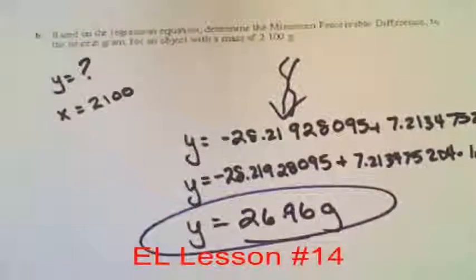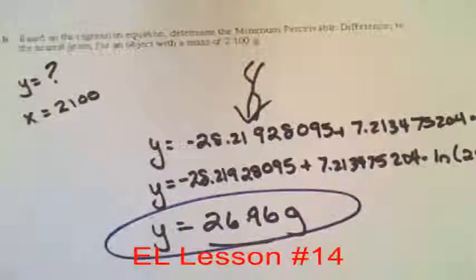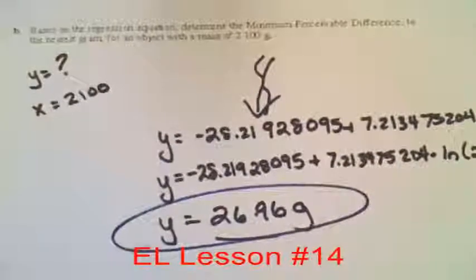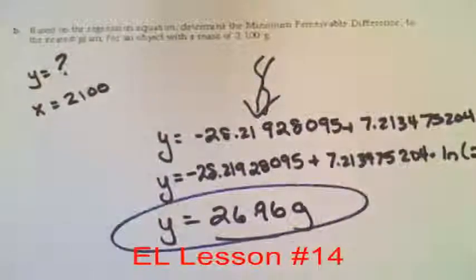So times the natural log of 2100. If you use just log, it doesn't work. When you do that, the minimum perceivable difference is 26.96, so y is 26.96 grams. You have to use the natural log button in order to use the natural logarithmic regression.